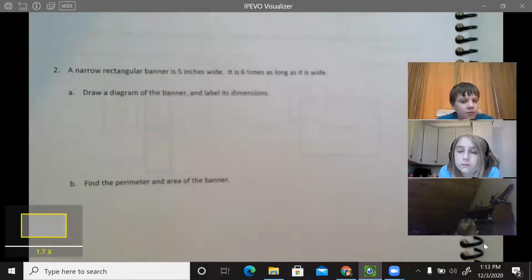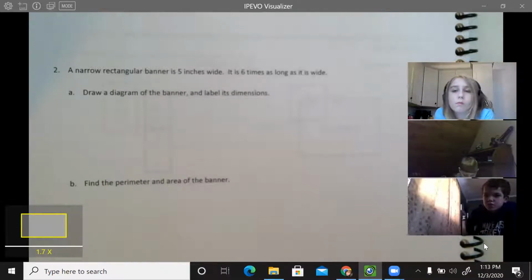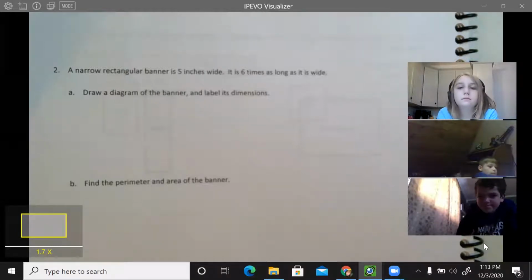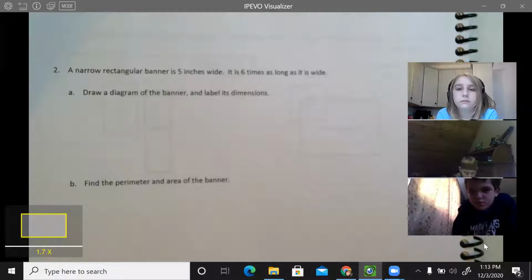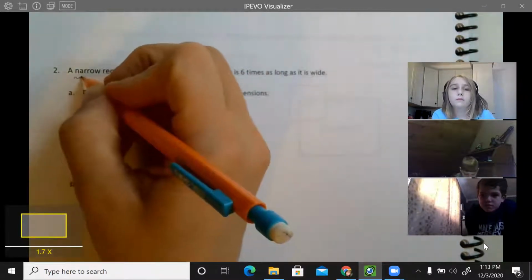All right, Jack, why don't you read for us? A narrow rectangular banner is 5 inches wide. It is 6 times as long as it is wide. Okay, so Jack, do you know what the word narrow means?